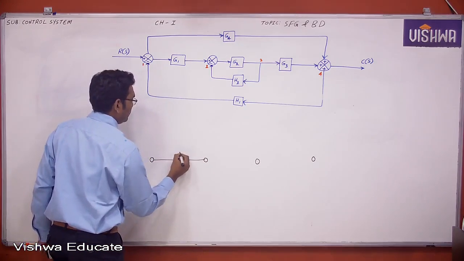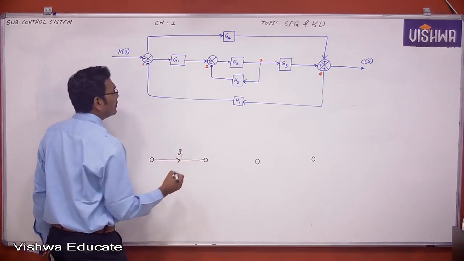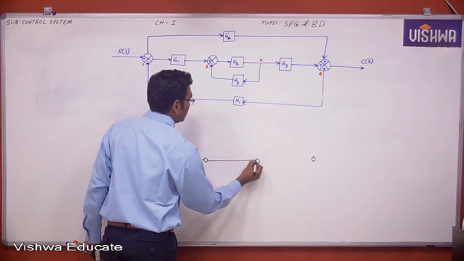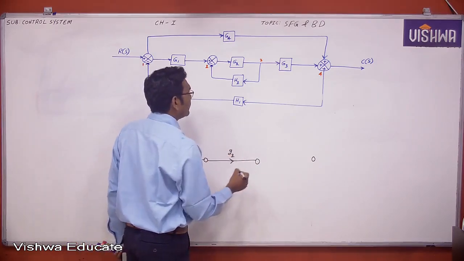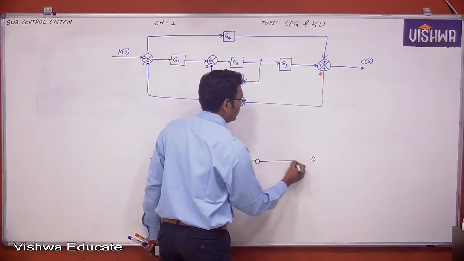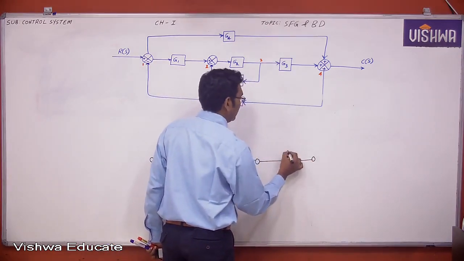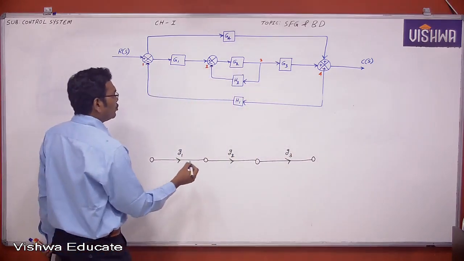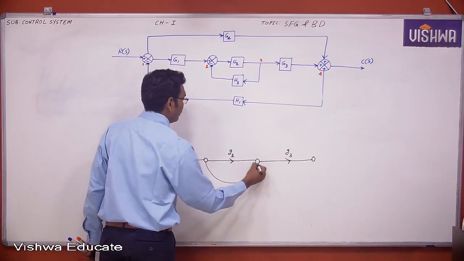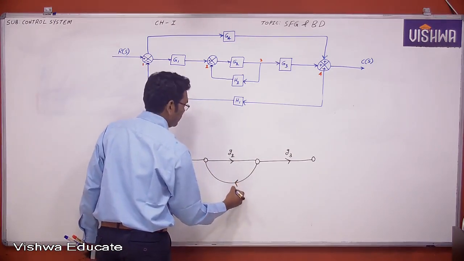Now 1 to 2, this is the path, gain G1. 2 to 3, this is the path, gain G2. 3 to 4, this is the path, gain G3. Now see here, 2 to 3, there is a reverse feedback path, H2.